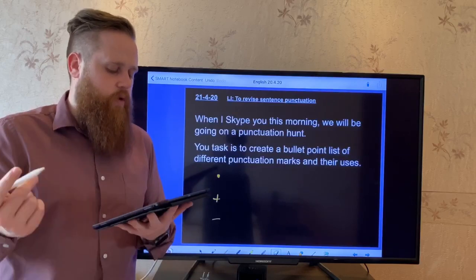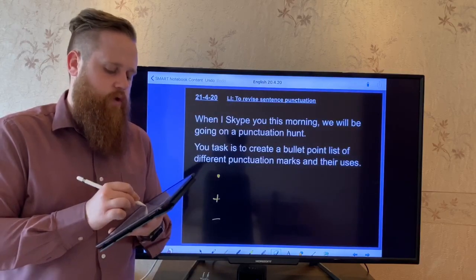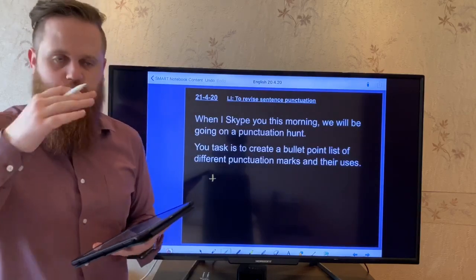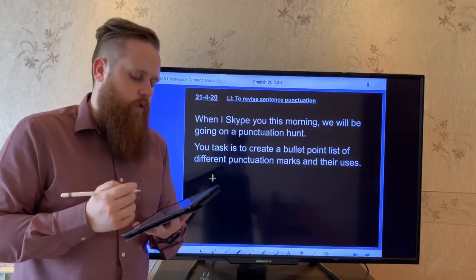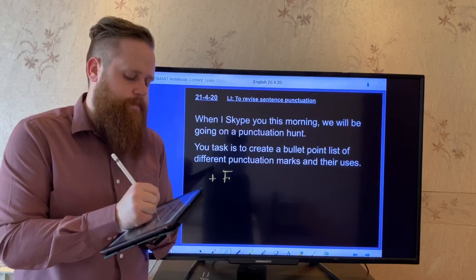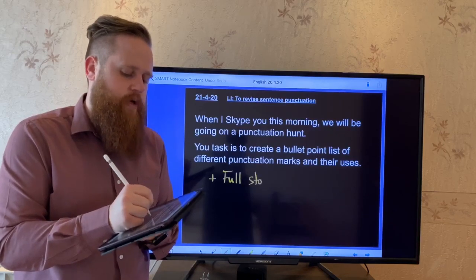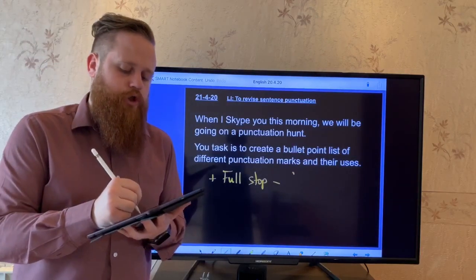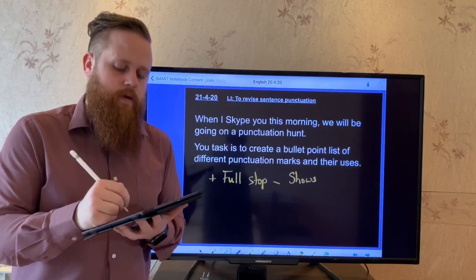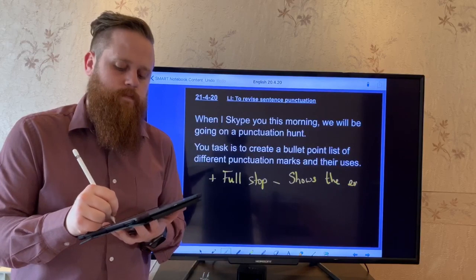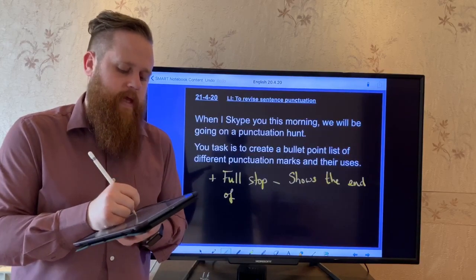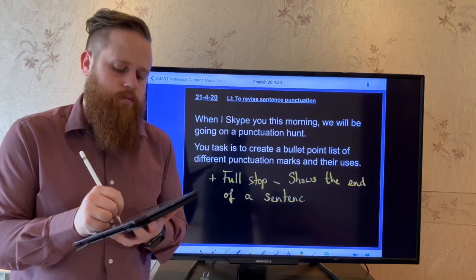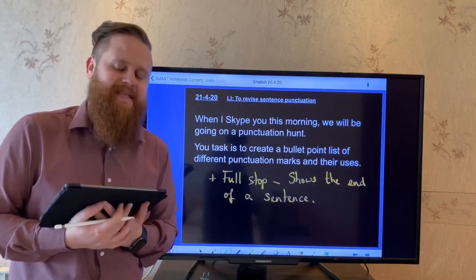Okay, so maybe I will focus my first one, and let me get rid of these so I've got all the same one. I'm going to go with my trusty plus sign. Okay, so I would write, first one, full stop. That's my first punctuation mark I'm going to look at. A full stop. This shows the end of a sentence.